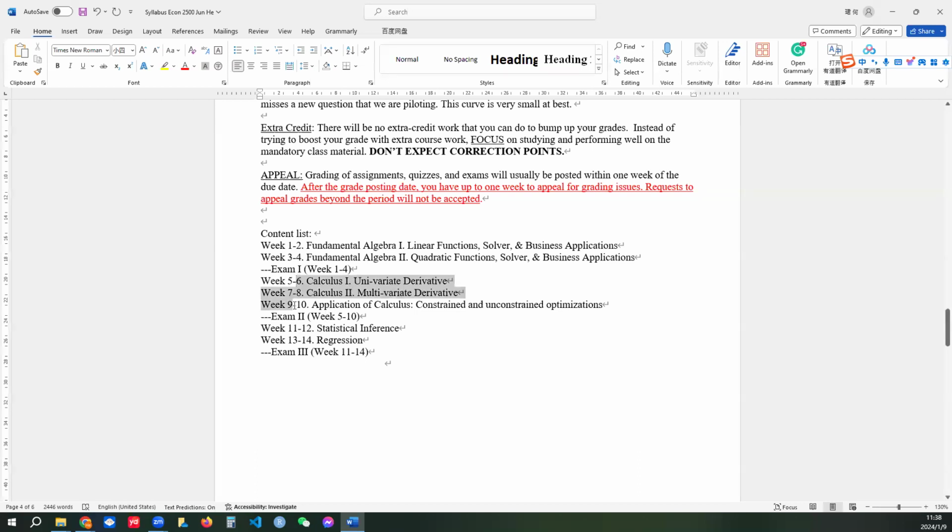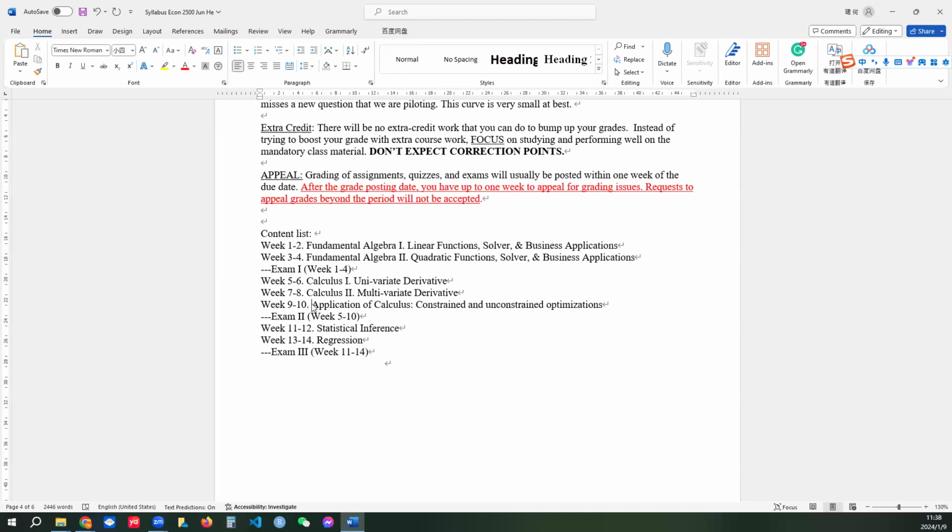Those 3 units, 6 weeks, will be your module 2. So that is the calculus part of this class. Calculus 1 is the univariate derivative, so it is a derivative that contains only one variable.